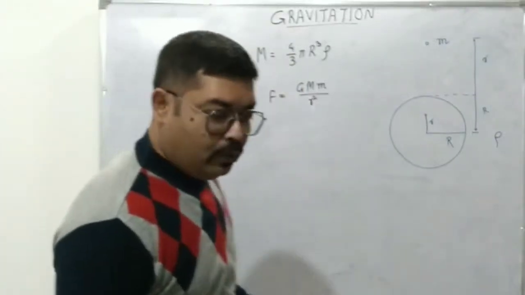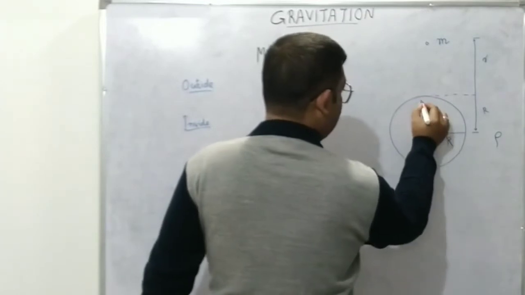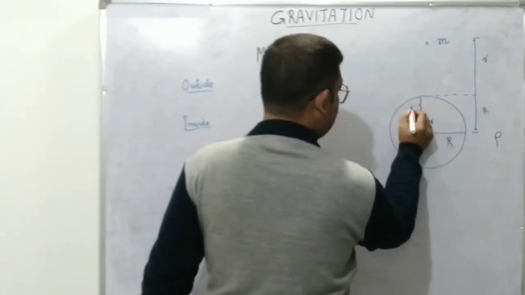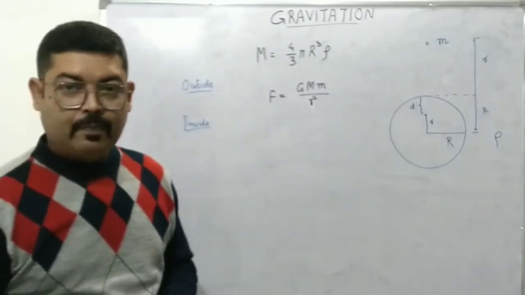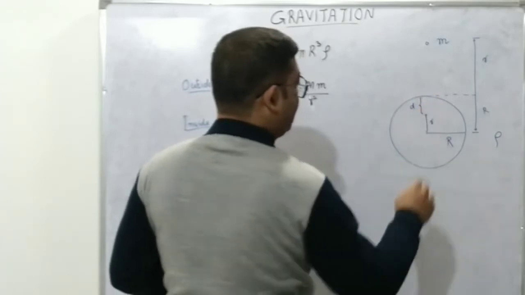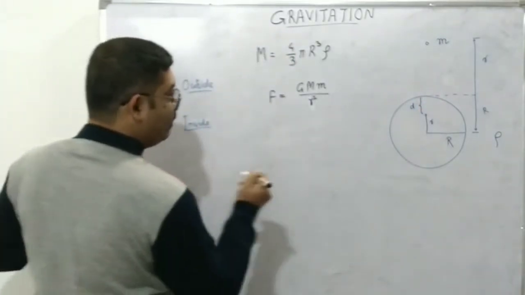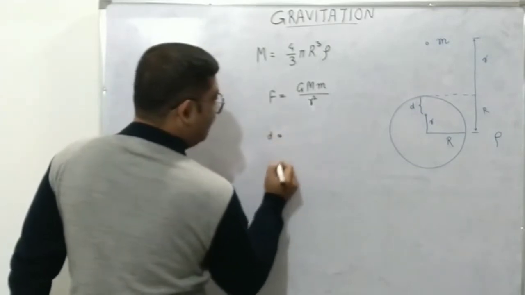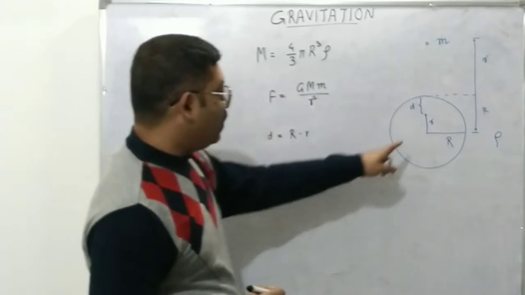In other words, what if the object is at a certain depth d from the Earth's surface. Okay, so this is the surface of the Earth, the object is at a depth d. So clearly this depth d is equal to the radius of Earth minus the distance of the object from the center of the Earth.